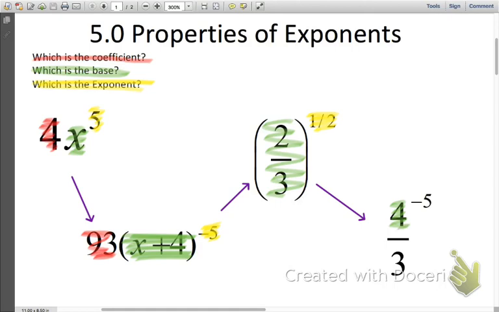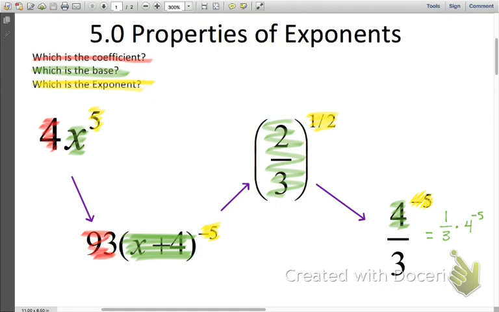Then the easy part, hopefully, is that the negative 5 is the exponent. So then what is my actual coefficient? You're close. What if I rewrote this as 1/3 times 4 to the negative 5th power?